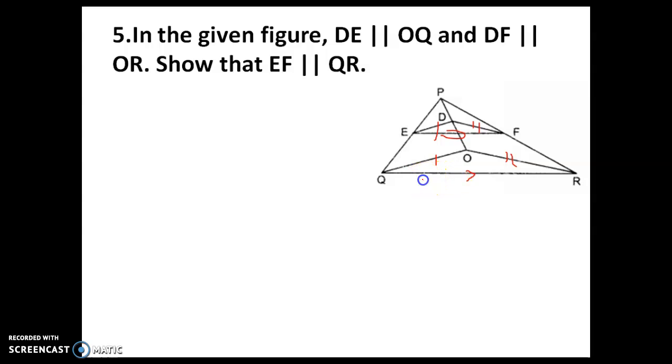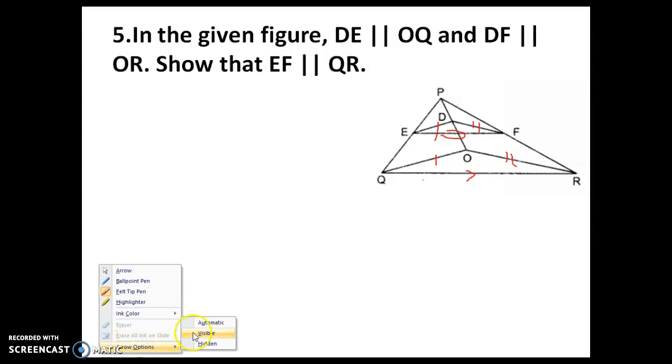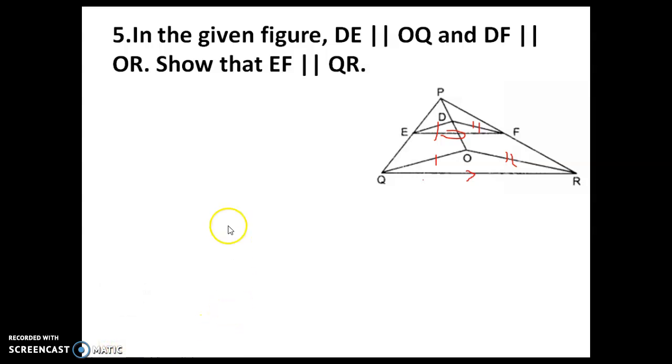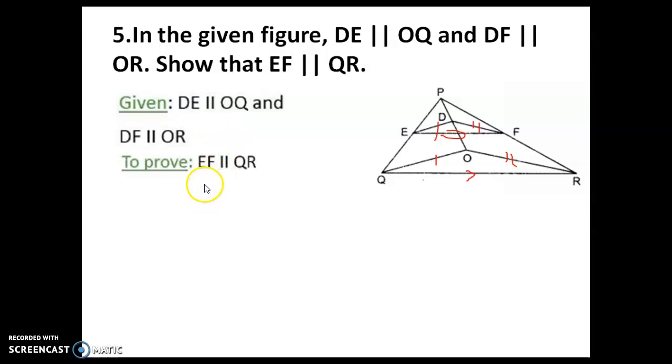Okay, so let's start. Given data is written. Then we have to prove EF parallel to QR. Then proof. We will start with this triangle PQO. This triangle we are taking. In this, these two lines ED and OQ are parallel.